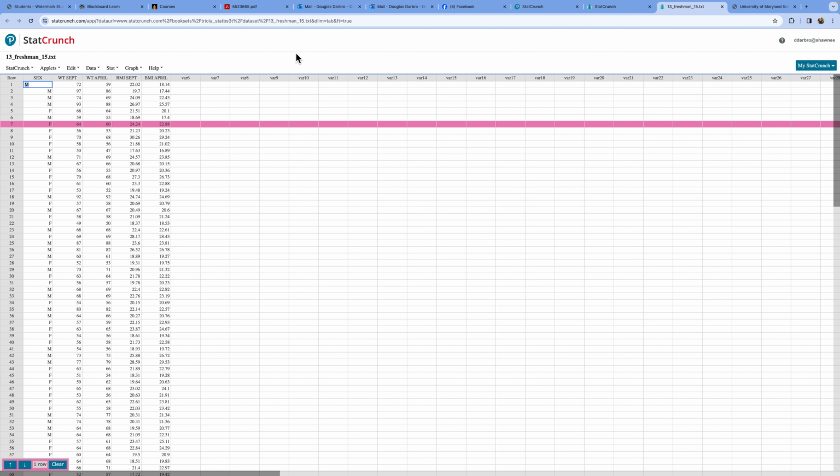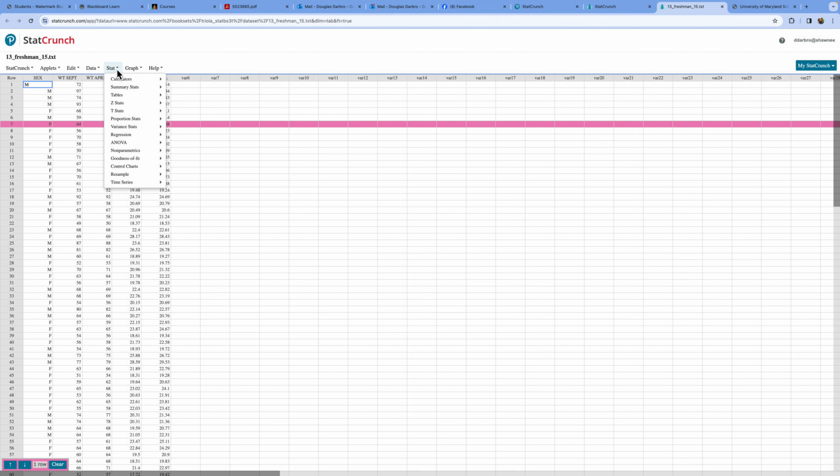Now, if I was going to run an independent samples t-test, what I may want to do is choose any of these quantitative variables and examine the mean difference over sex. But I really, really, really despise what we have to do in StatCrunch.